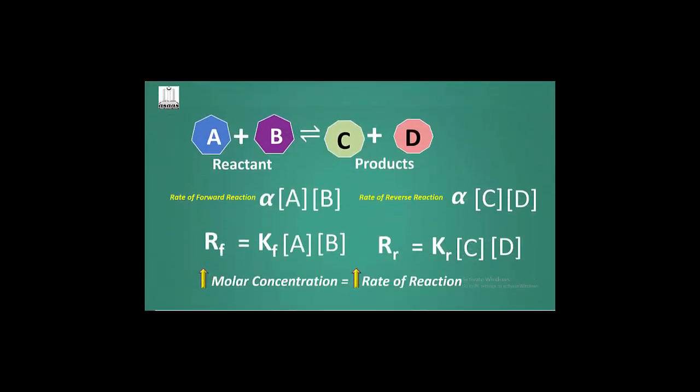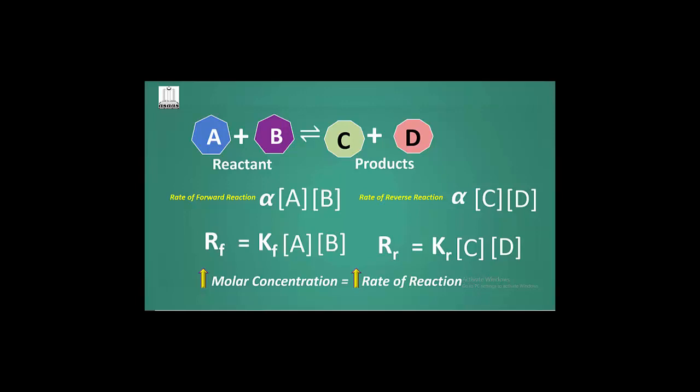Now, dear students, writing them in a comparison way, the rate of forward reaction is directly proportional to the active masses of A and B, and the rate of reverse reaction is directly proportional to the molar concentration of C and D. So Rf is equal to Kf [A][B], and Rr is equal to Kr [C][D].